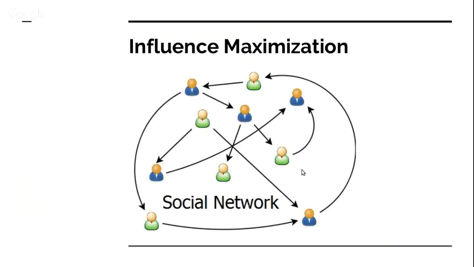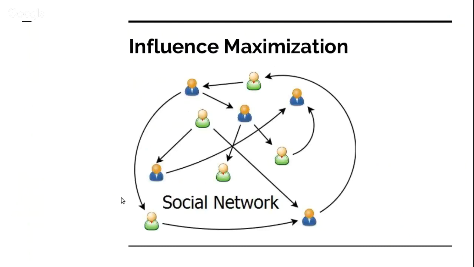Let's say you have resources with which you can advertise to 3 people. You cannot advertise to everybody here, you can just advertise to 3 people. So the question is, which should be these 3 people? Maybe these three, or maybe these three, or maybe these three. How should you choose these people so that you can create maximum influence, so that you can get the maximum number of people to adopt your product?